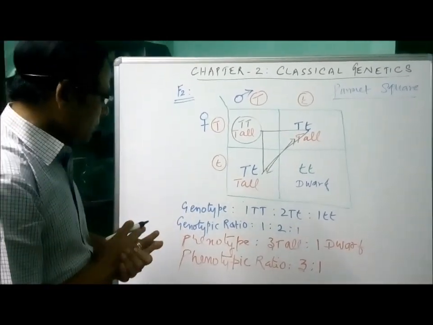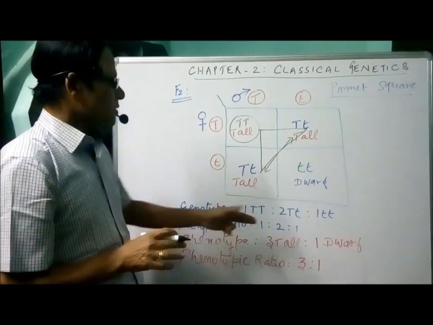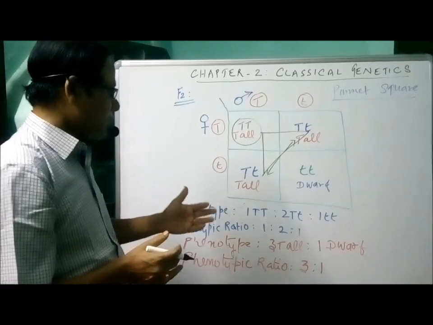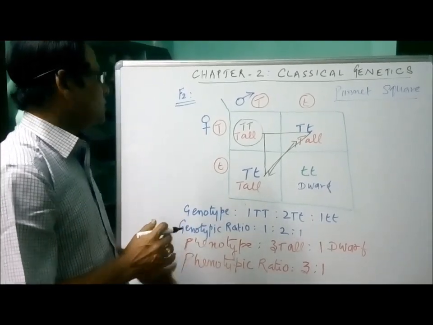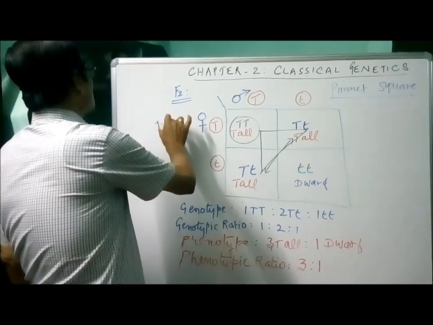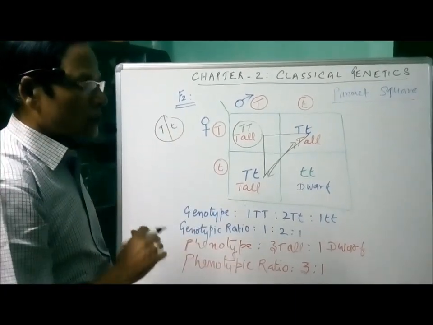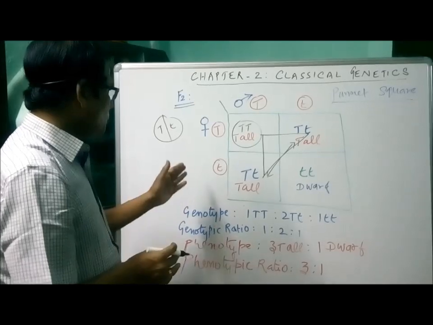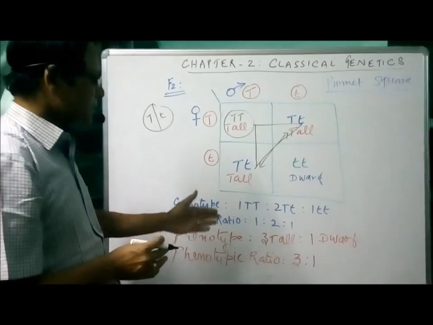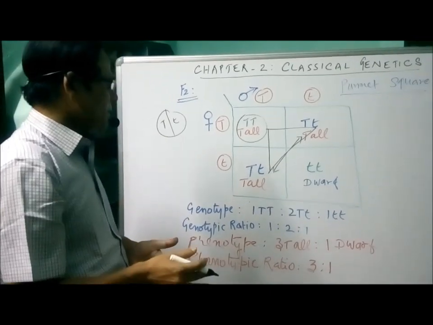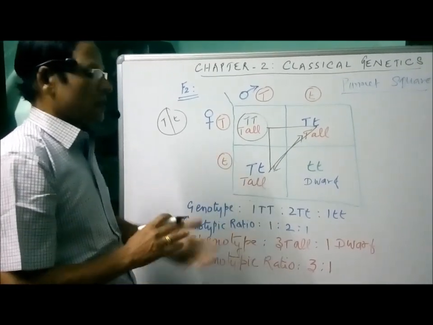The reappearance of the dwarf character once again in the F2 generation indicates that the two genes, capital T and small t, do not mix with one another. There is no blending. That is why both characters are seen as such in the F2 generation, though one character is not seen in the F1 generation.